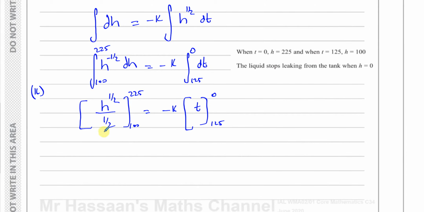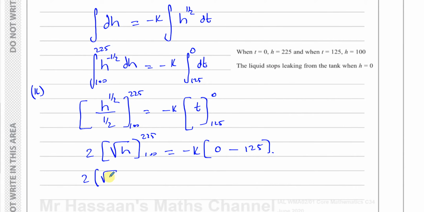Okay, so now let me just simplify this. It becomes 2 times the square root of h, and the limits are 225 and 100, because divided by half means multiplied by 2. I'll write the 2 outside here, equals minus k times, and here I can put the values in, 0 minus 125. So here I'm going to have 2 times the square root of 225 minus the square root of 100, equals minus k times minus 125, which is 125 times k.